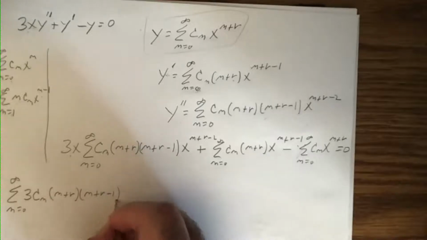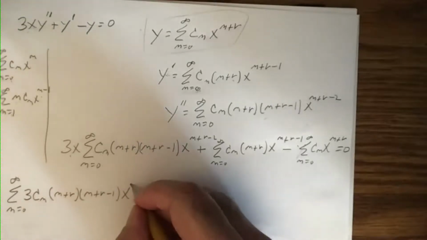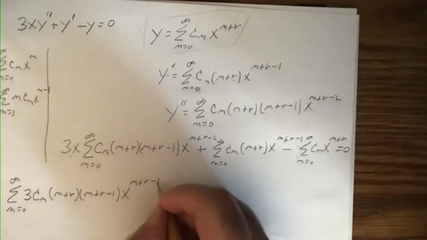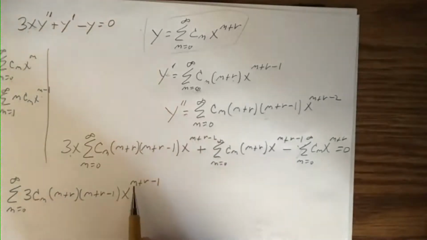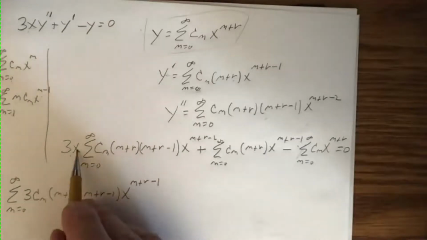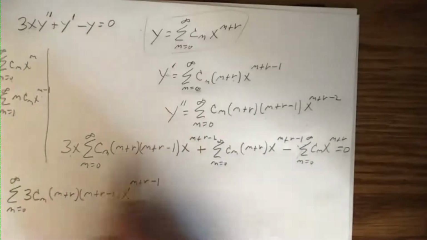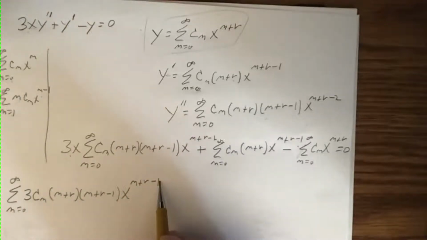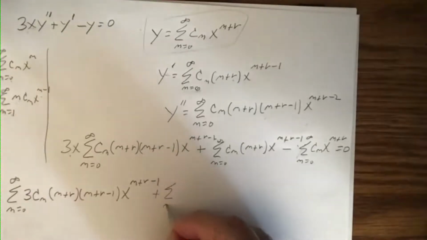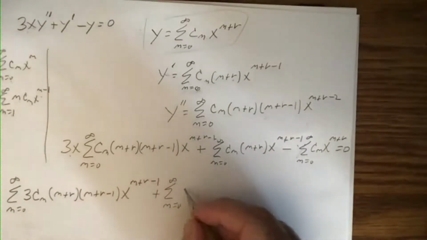I was going to skip this step, but let me. Here I got an n plus r minus 2. So now I got an n plus r minus 1 because I got this x here. I'm bringing the x in here, so that's going to make this minus 2. When I bring the x in, this will become minus 1. So now I'm just recopying it.